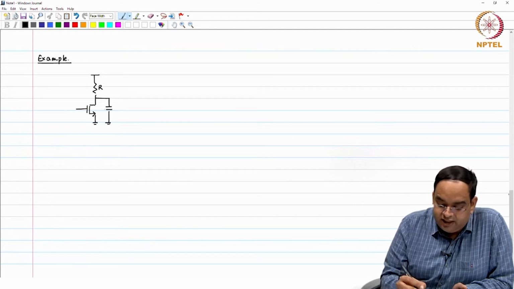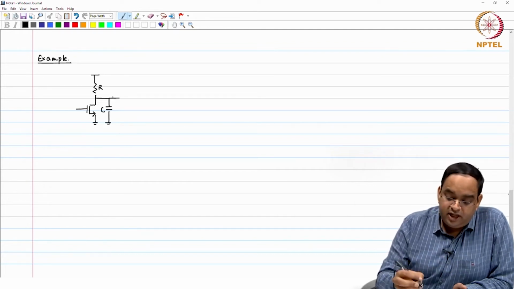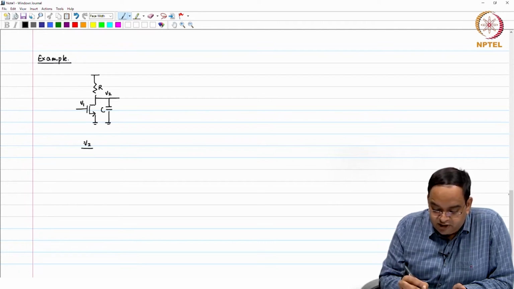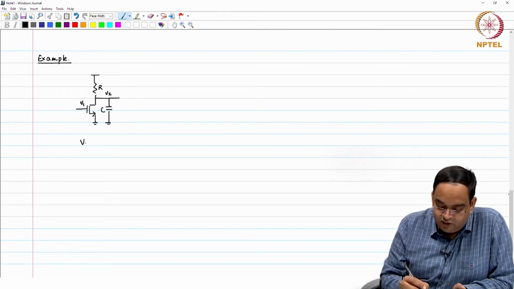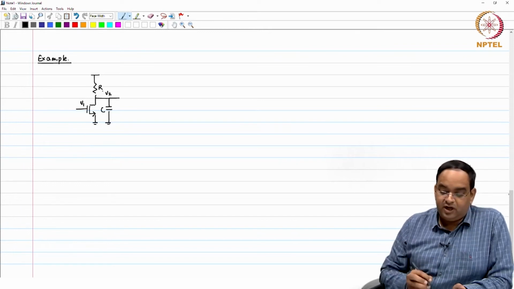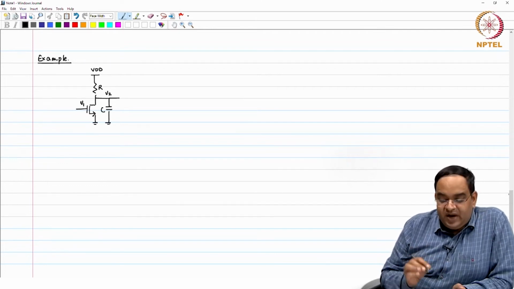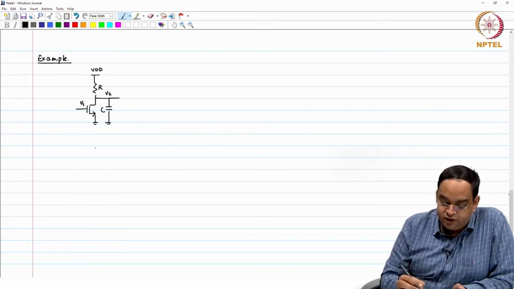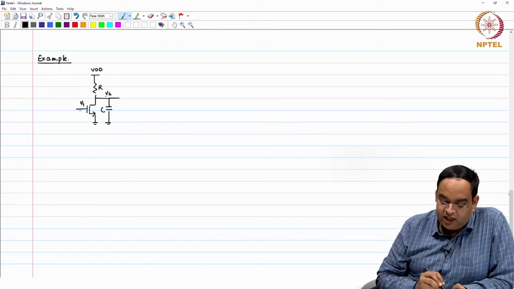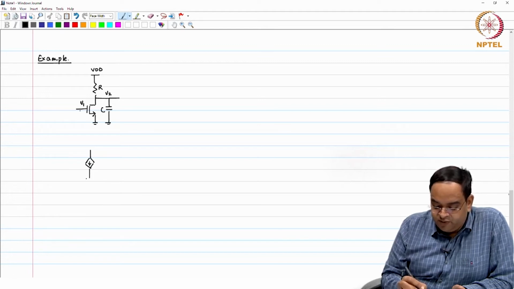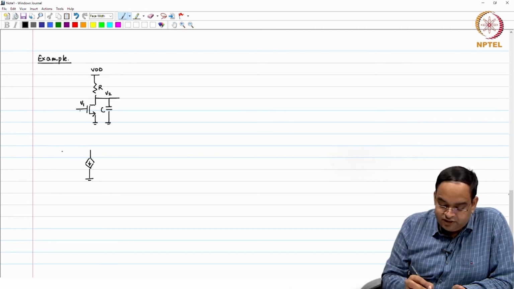So this is R and this is C. If I call this V1, the gain from V1 to V2 for the amplifier at a given operating point can be found out. Let us say you have this common source amplifier and it is biased with DC voltages. We can find the gain from input to output using the small signal model for this amplifier, assuming that it is biased in the saturation region.